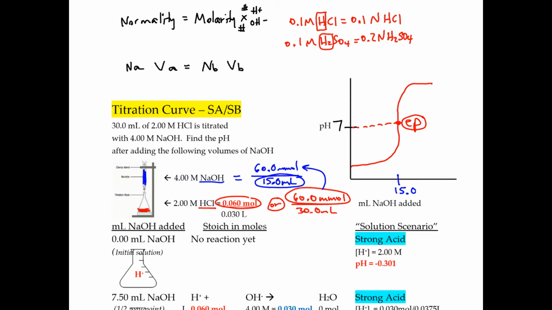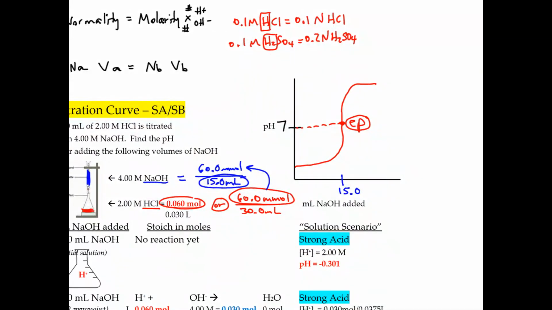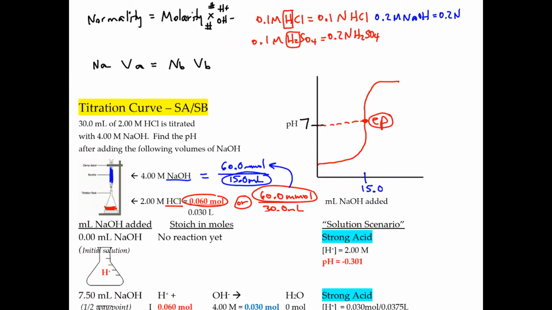All right, let's move on to take a couple of bases. So let's say we had NaOH, and let's change it up and make it a 0.2 molar NaOH. That would be a 0.2 normal NaOH as well, because it's going to have only one OH.